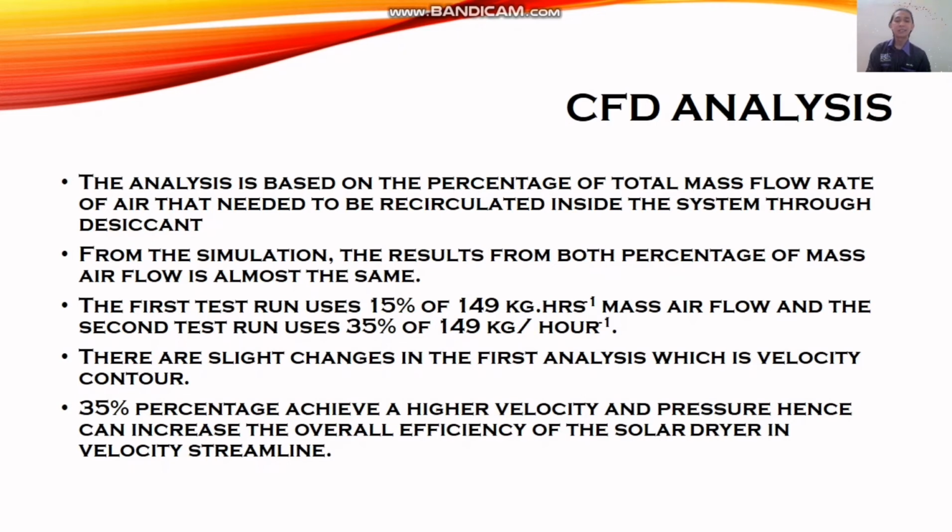There are slight changes in the first analysis. So the 35% percentage of air achieves a higher velocity and pressure, hence can increase the overall efficiency of the solar dryer.